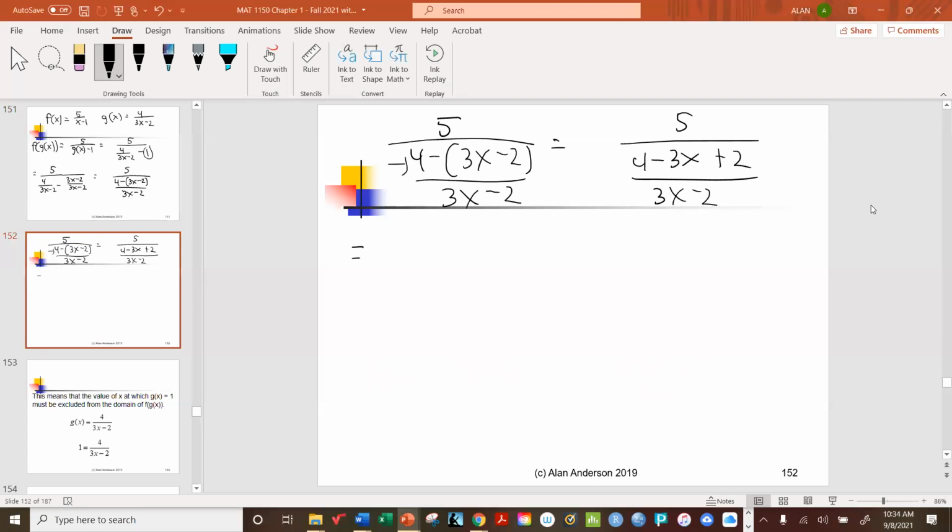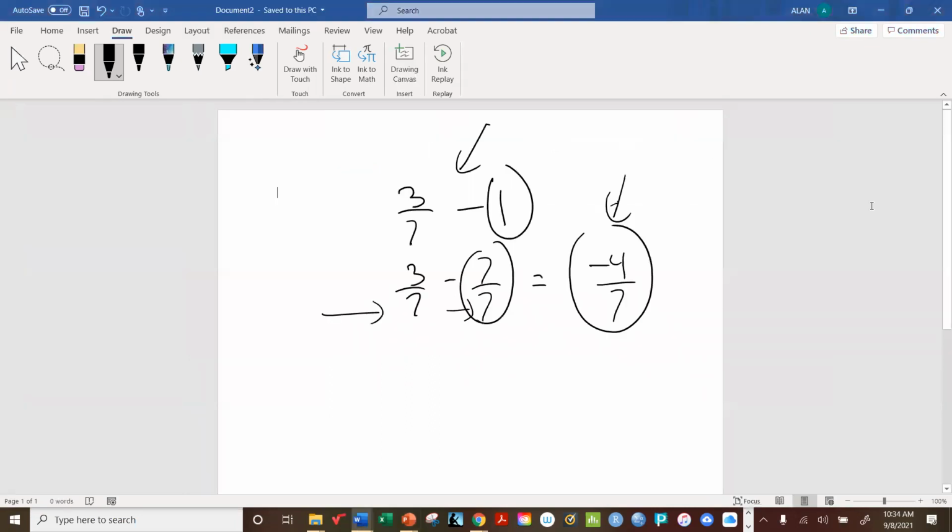Now let's simplify that. So I can consolidate these two. Now it appears that we still have a mess on our hands, but not really. Watch, let me show you another case that will come in handy here.